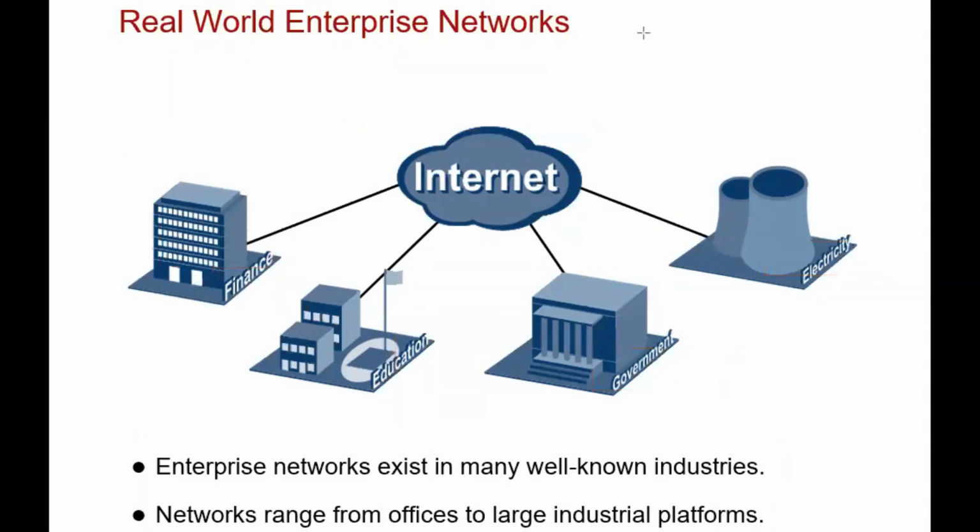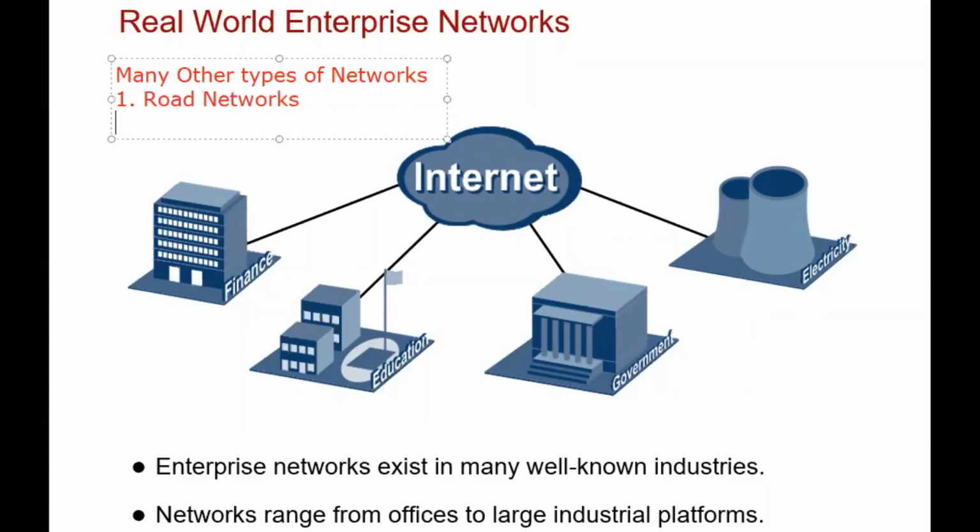Okay, and computer networks are not the only networks. In the world, we already have many other types of networks. So we don't just have networks between computers. What are some of the other networks in the real world that you know? Water networks.